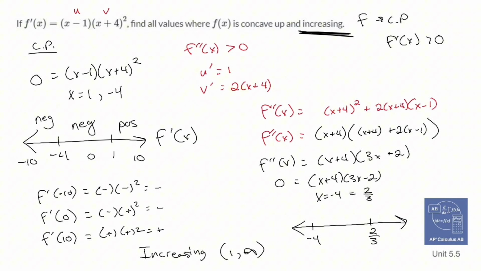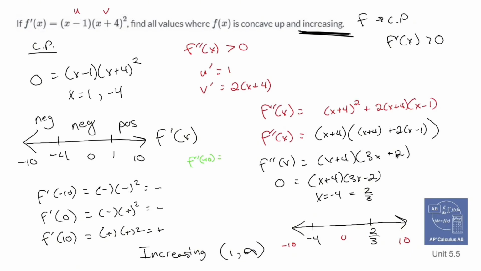So I can plug in negative 10, I can plug in 0, and I can plug in regular 10. Okay, so let's do the same thing that we did here with that guy and do f double prime of negative 10. If I'm going to use this equation right here, that's going to be negative 10 plus 4, which is negative.